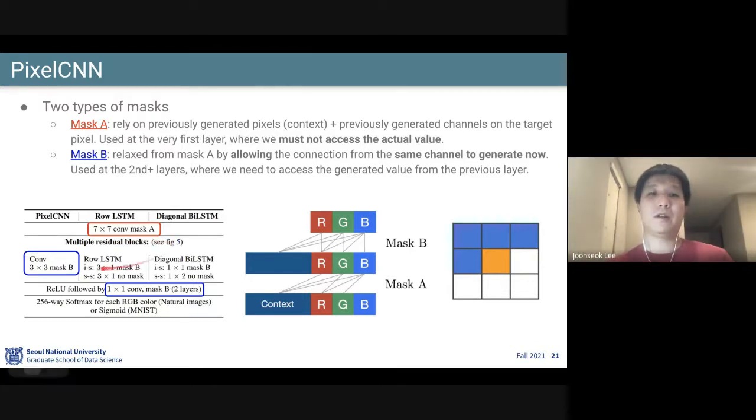So there, they use mask type B, which refers to the context values and the same component values of that particular point, because that's our estimation. Still, it's allowed, but it still cannot look at the future pixels or future color components. So that's why they have both types of masks. Mask A is used at the very first layer only, and after that they use the values they have created for that particular pixel and its color components.